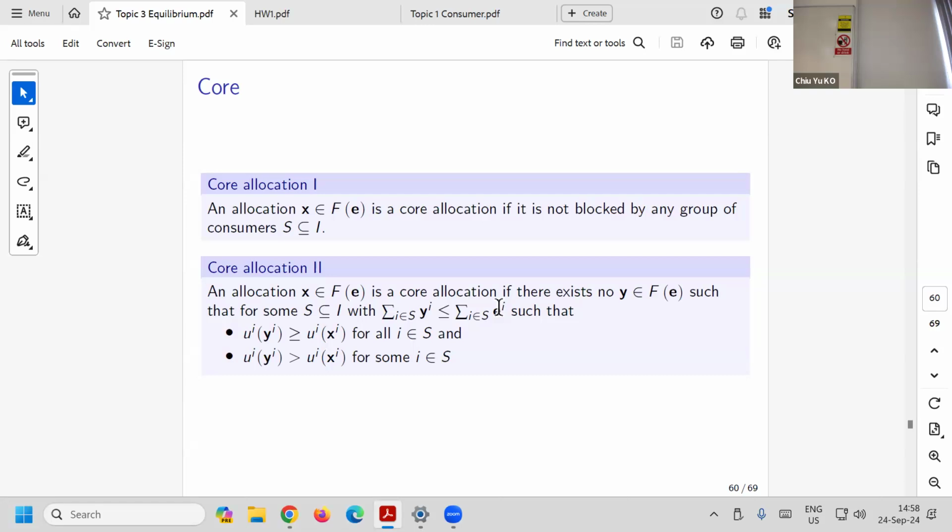There's no way to improve for some of them using their own resources. You can imagine this as internal stability of the system itself. Let's forget about the system; we do it on ourselves. We don't specify what system, but we do something. This is the core. Is that okay?